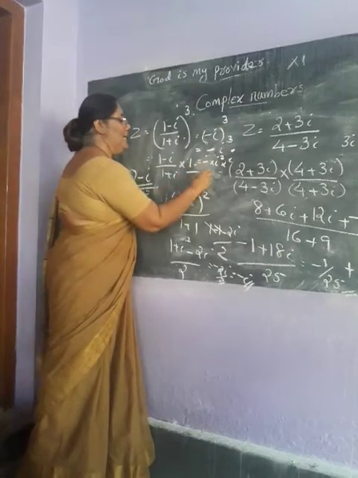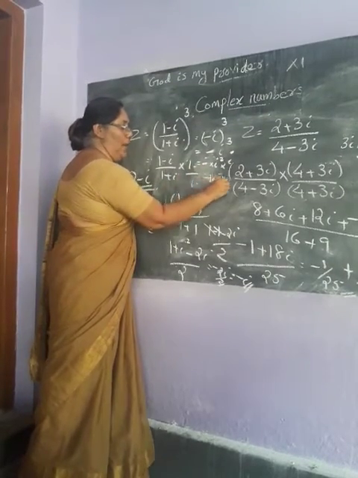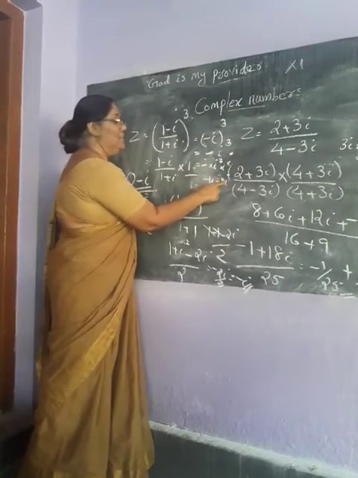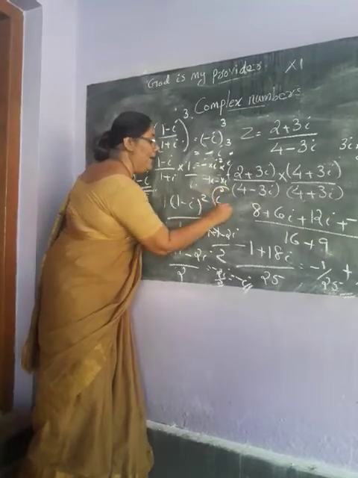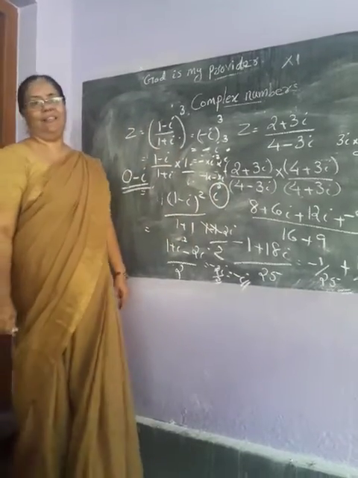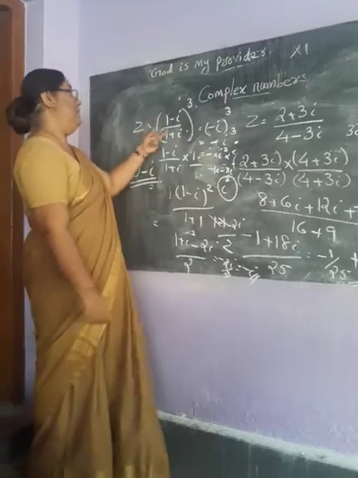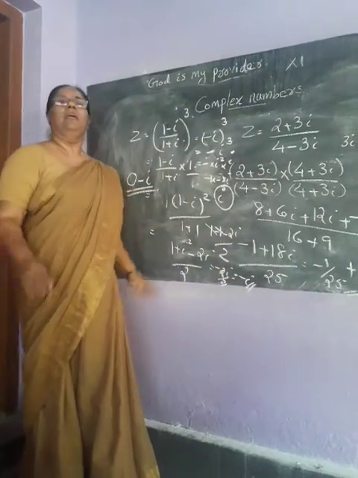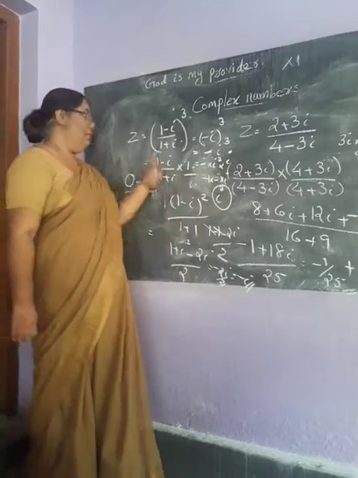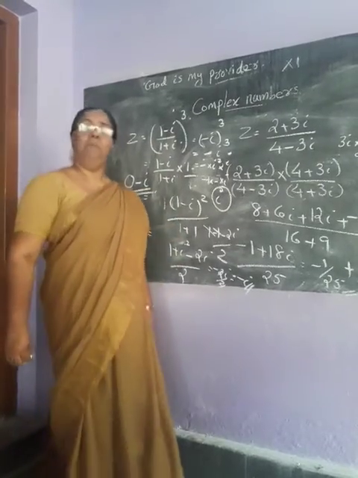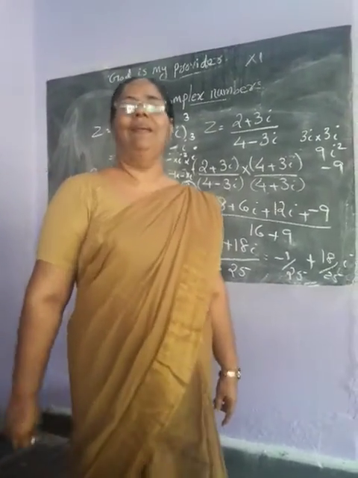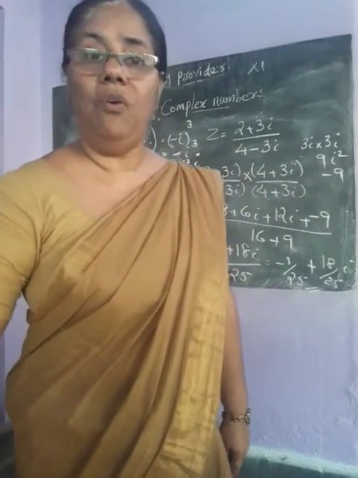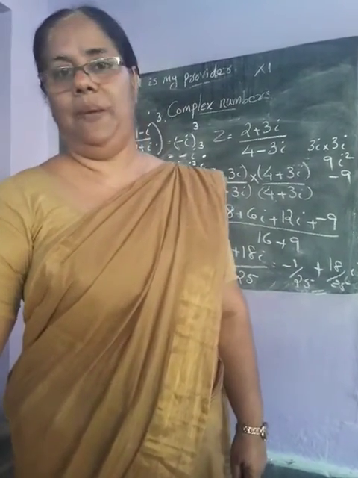Therefore, minus into minus is plus, into i. The final answer is i. Understand? If it is square, you write minus i the whole square. If it is raised to 4, first you simplify the base. Then write the final answer in the form of a plus ib.